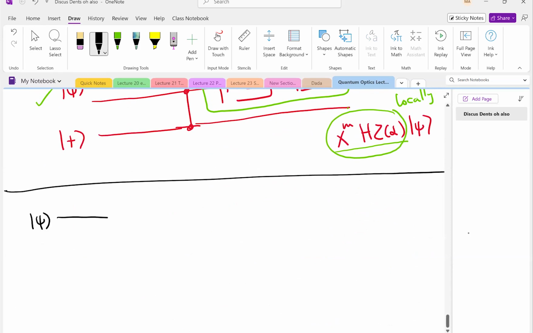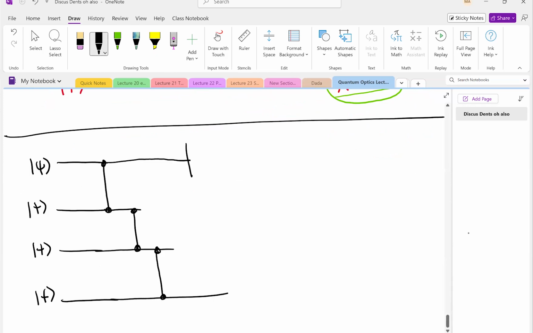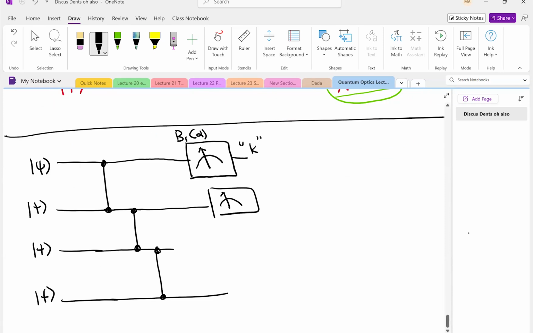So if you want to do an arbitrary rotation, you build a circuit of this kind. Psi, the state on which you would like to implement a unitary operation, 3 additional qubits, each one of them prepared in a superposition, controlled phase gates on pairs, measurement on the first qubit B1 along alpha, you get some output K, measurement on the second qubit, B2 beta, you get some outcome L. Each of these K's and L's can be 0 or 1.